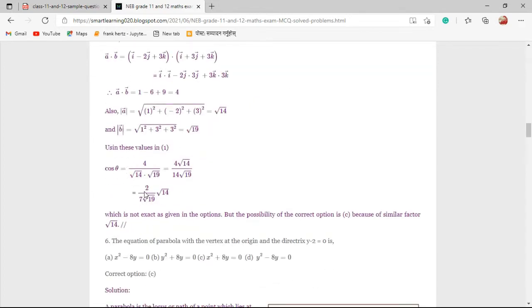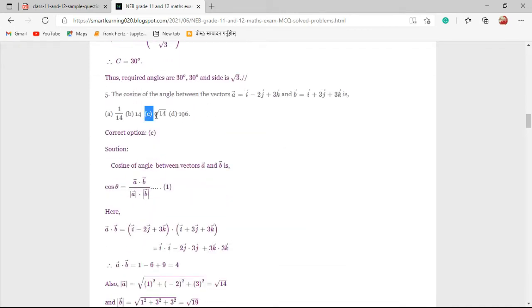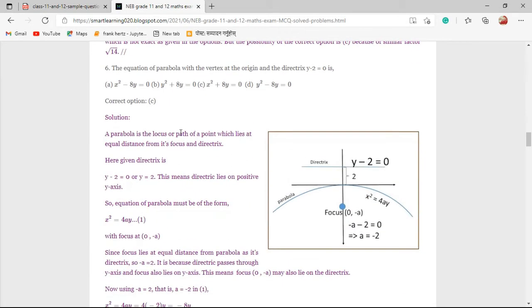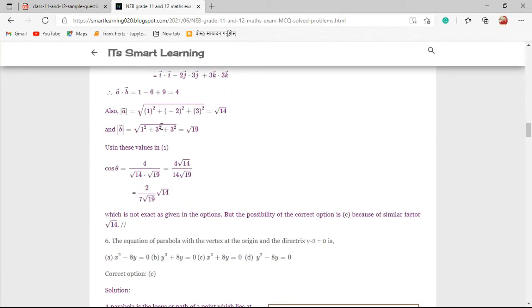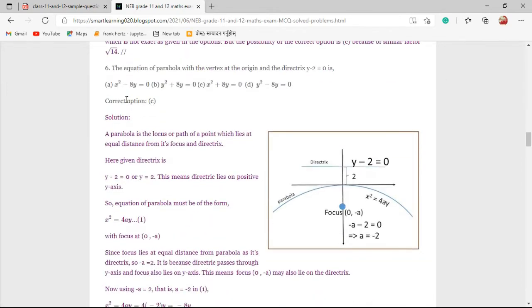That's why the correct option must be C. Actually the options given here are not as they should be. This is not our fault, this is the fault of the question makers. So don't worry about this.